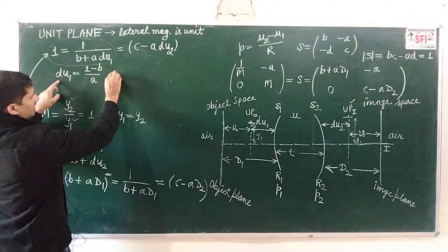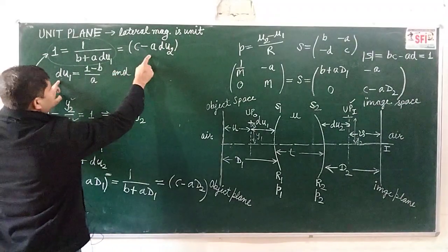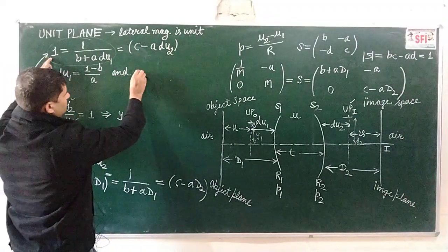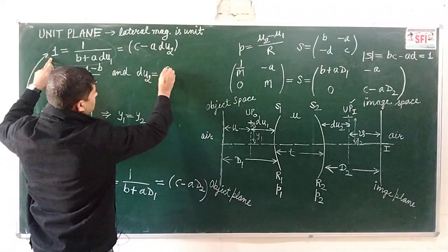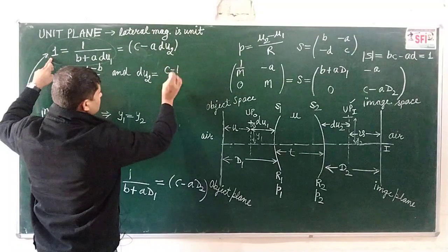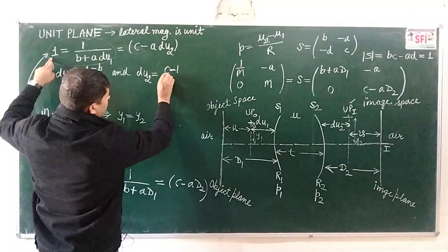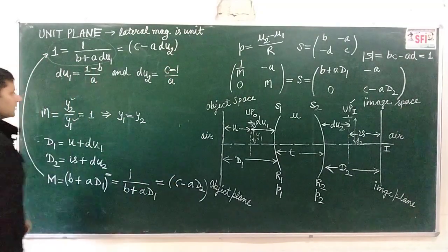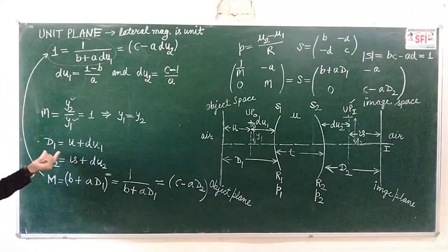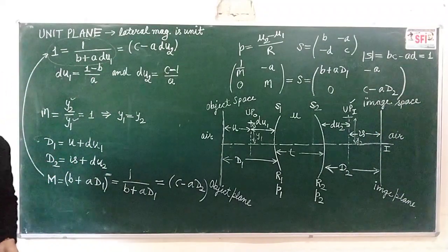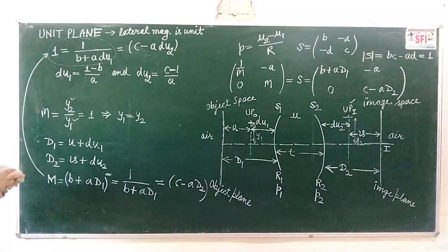In the same way, if you put this factor equal to unity, then you will get du2 equal to c minus 1 divided by a. Now you are to put the value of du1 and du2 in d1 and d2. Let me clear the space.